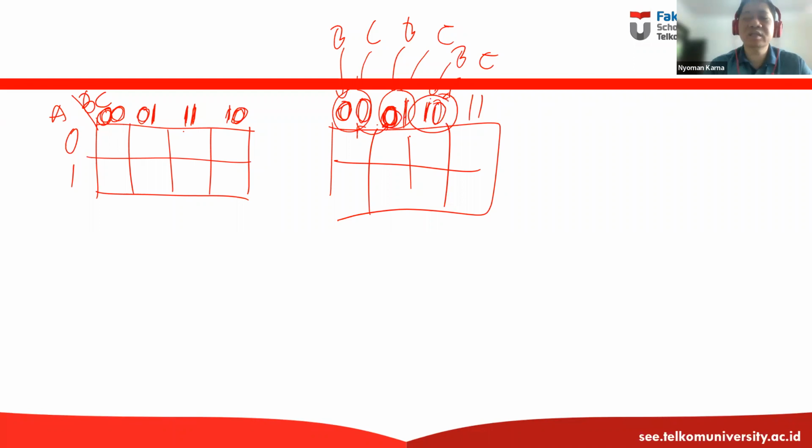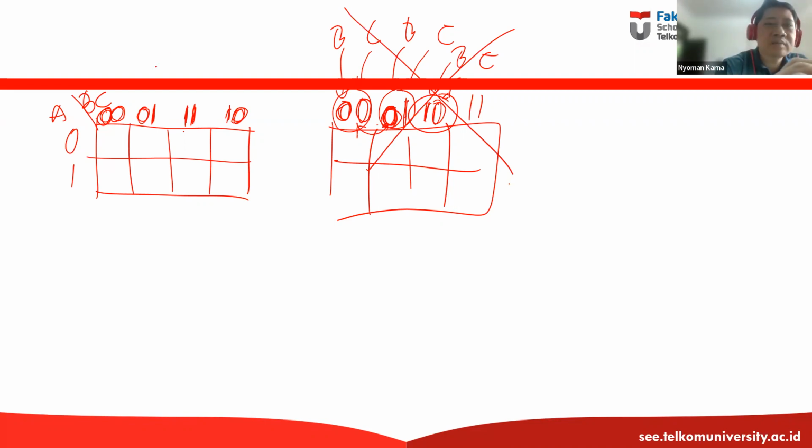This goes against the rule of adjacency. So for adjacent rows or columns, the one rule is that only one variable changes. So this will not work.